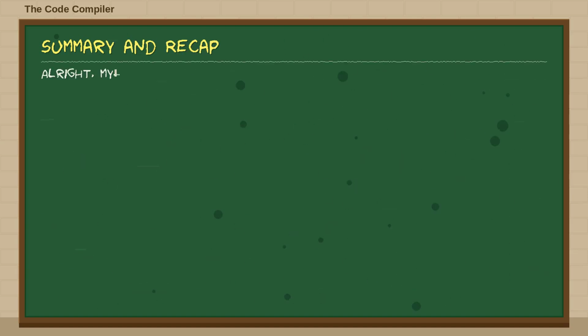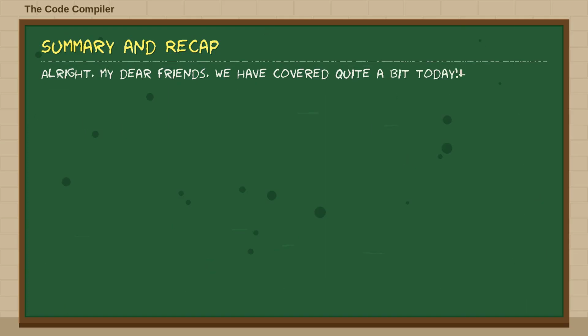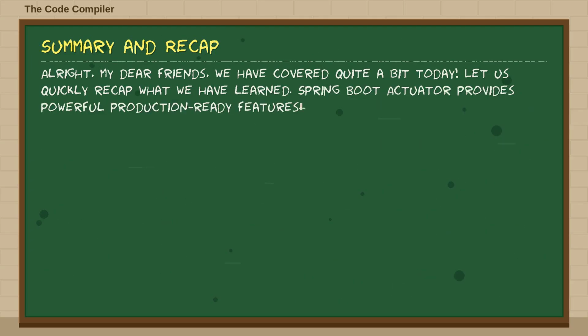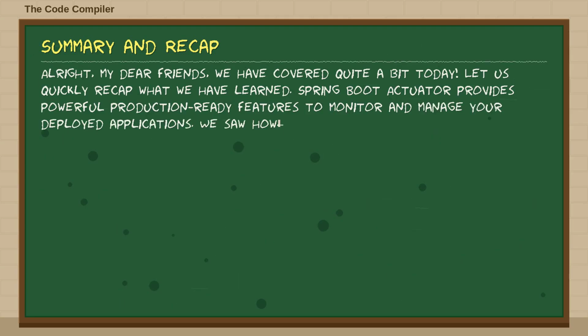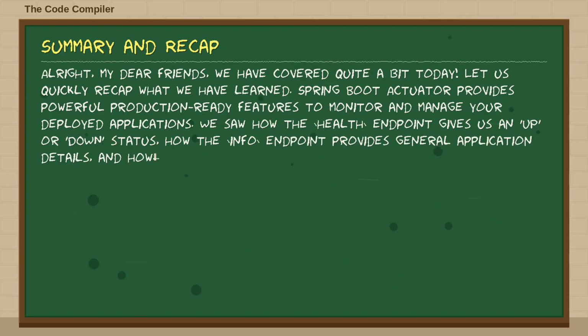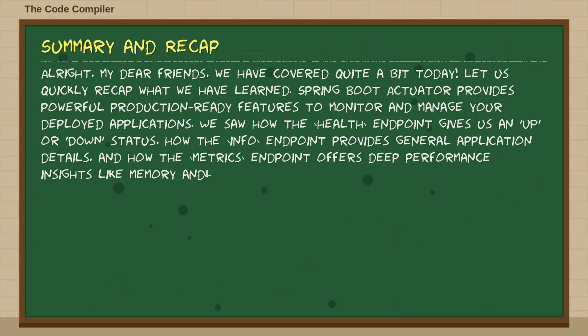Alright, my dear friends, we have covered quite a bit today. Let us quickly recap what we have learned. Spring Boot Actuator provides powerful production-ready features to monitor and manage your deployed applications. We saw how the health endpoint gives us an up or down status, how the info endpoint provides general application details, and how the metrics endpoint offers deep performance insights like memory and CPU usage.